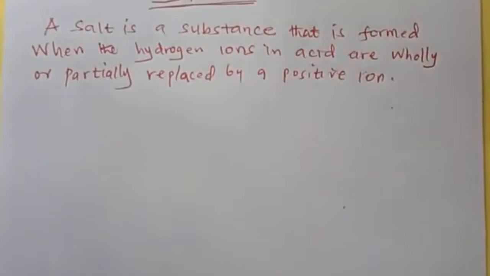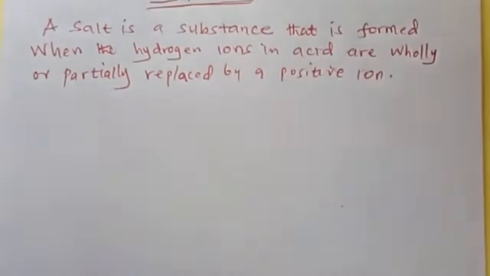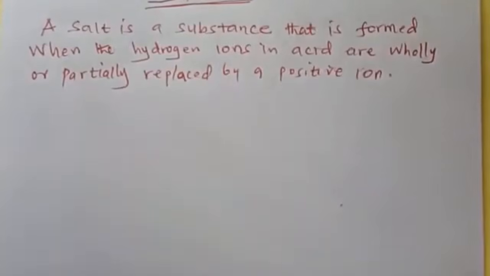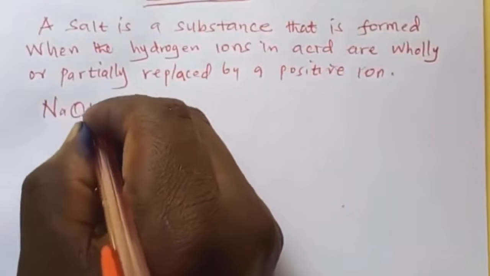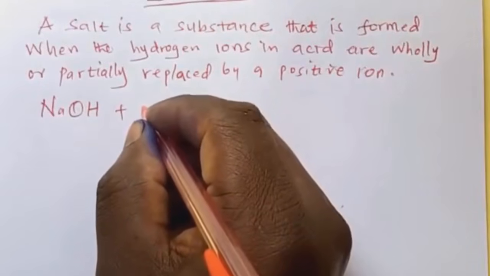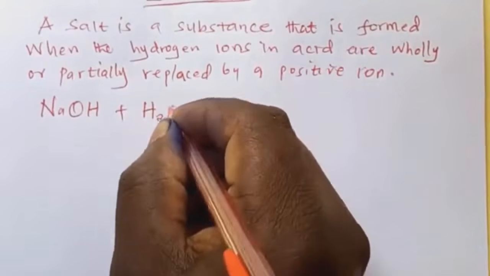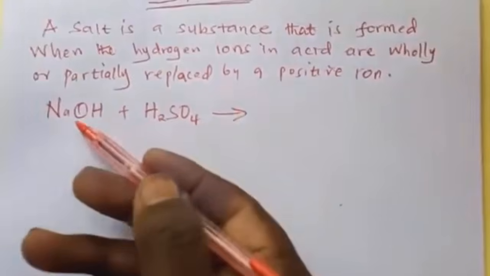Somebody could be wondering, what does this mean? Let me give you an example of what a salt is. Take an example of a reaction between a base and an acid. For example, sodium hydroxide plus, let me take sulfuric acid. This is a base plus an acid.